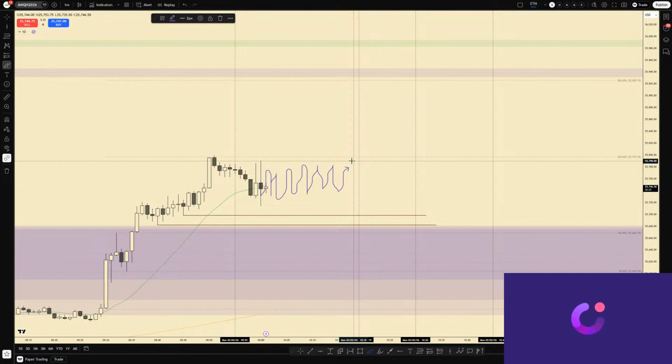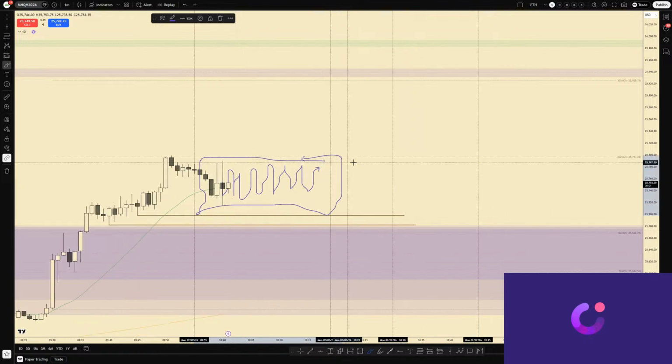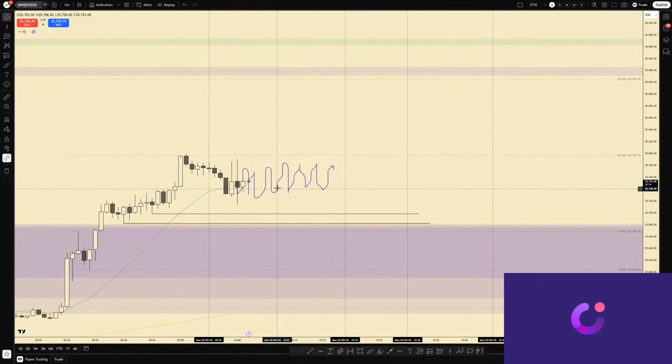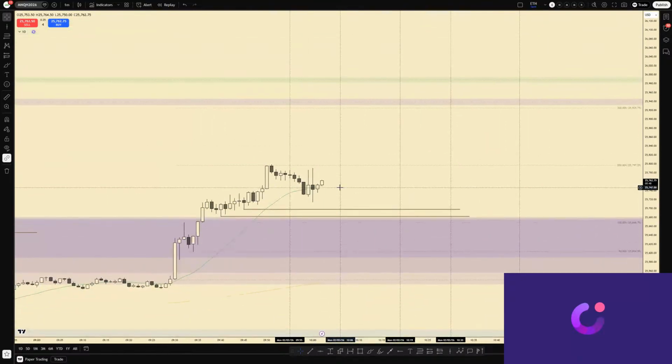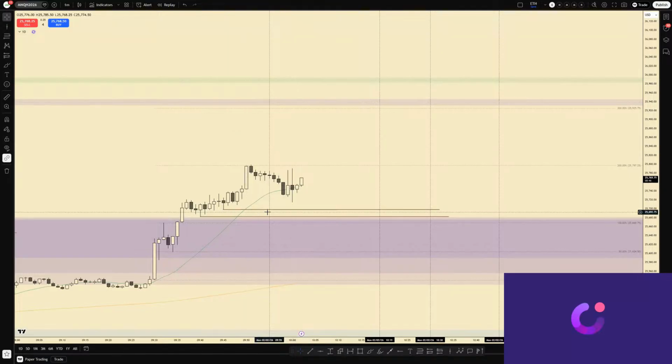And this one is the particular one that destroys me the most. So I really don't like to trade these kind of price actions, and I just stay away and try to see what it does, try to understand.